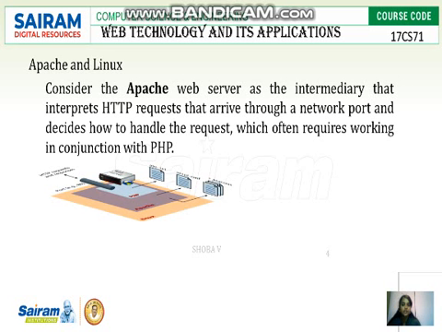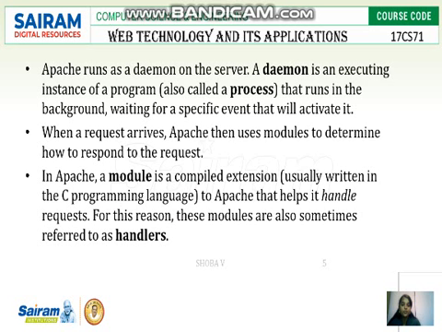Consider this Apache web server. It is an intermediary that interprets HTTP requests that arrive through a network port and decides how to handle the request. This is the working condition of the Apache server, which is just waiting for the request. It requires working in conjunction with PHP. It runs as a daemon on the server, an executing instance of a program.